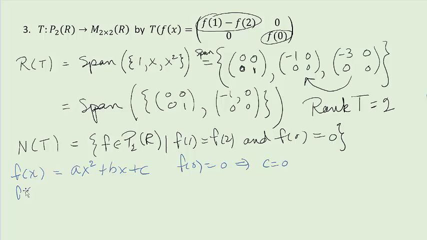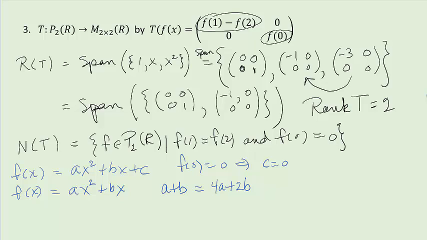So our function looks like ax squared plus bx. But f of 1 has to be f of 2. So f of 1 is equal to a plus b, and f of 2 would be 4a plus 2b.